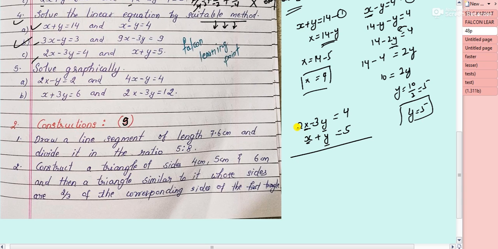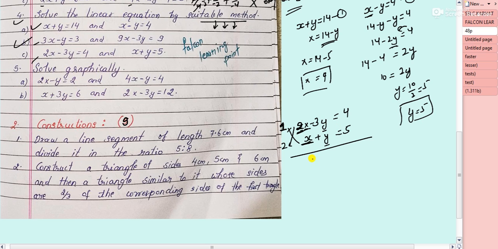But here it is 2, here it is 1, here minus 3, here it is 1. So what we can do is multiply the first equation by 1 and the second by 2. Whatever coefficient you have for x in one equation, multiply the other equation by it.